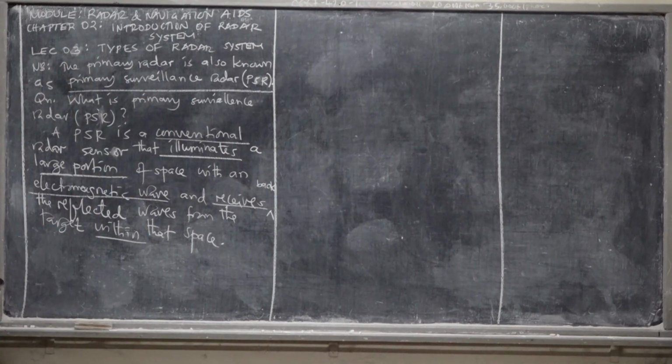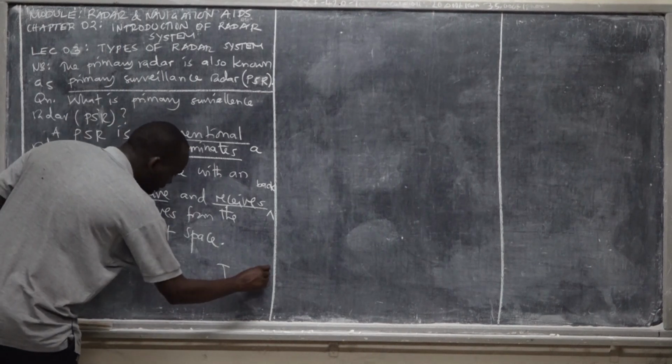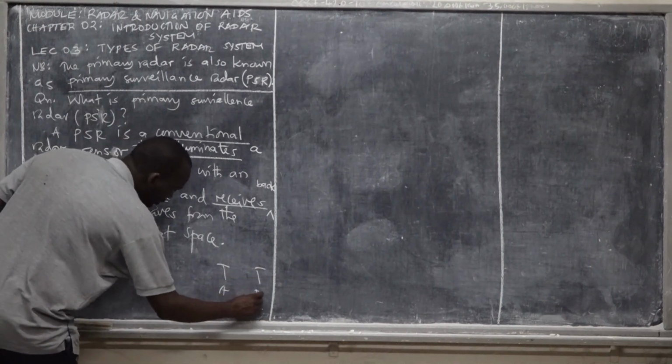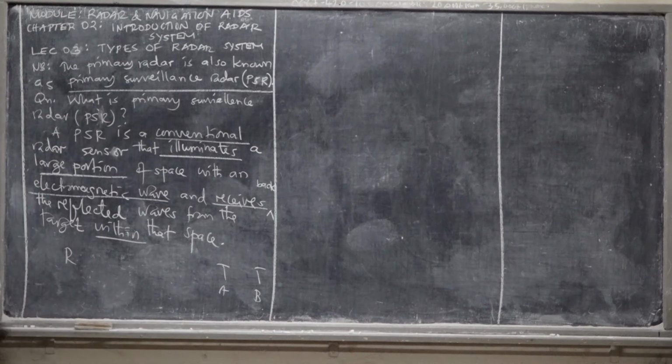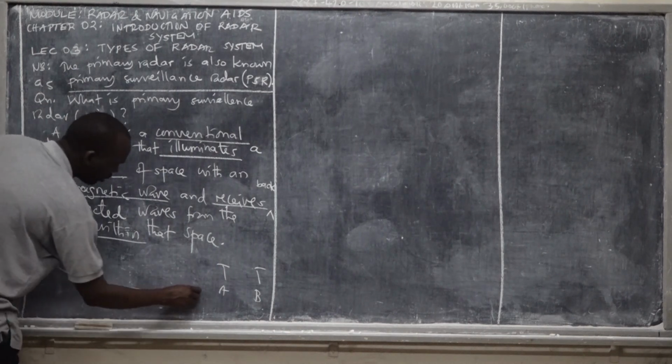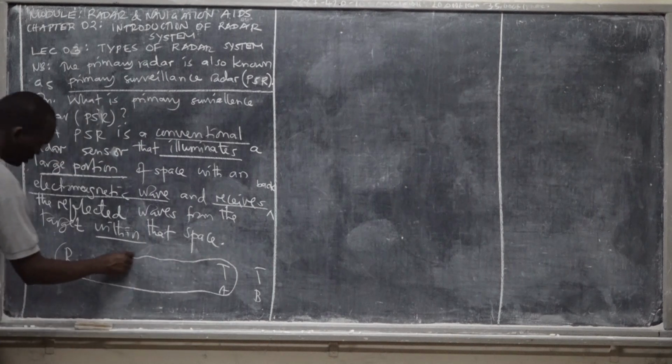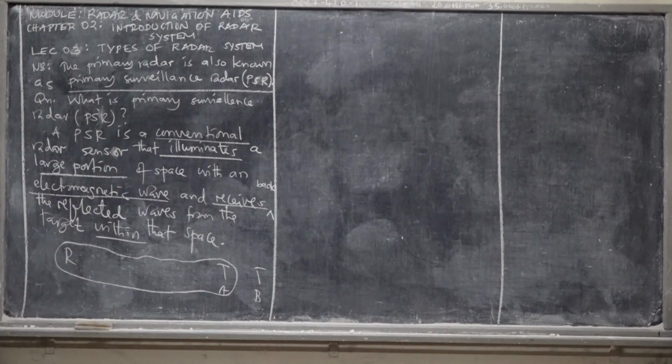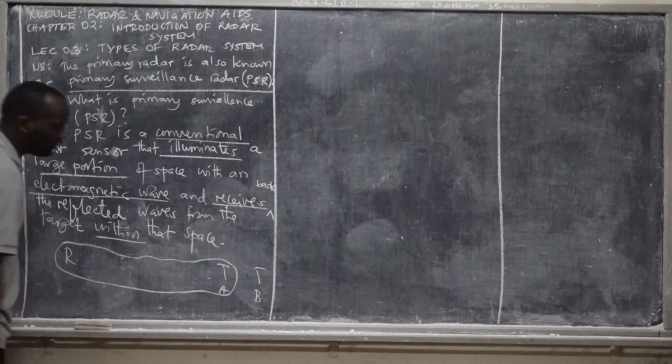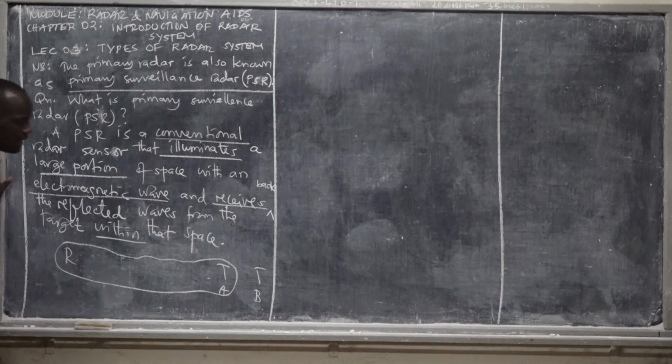So what does it mean? This is the radar at this point, and these are targets. We can have two targets at different points. This is the target at point A, and this is the target at point B. If this radar's coverage area, which is its radio space, is from this point to this point, then the target at point A will be detected, but the target at point B won't be detected.